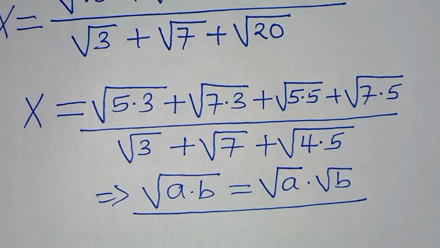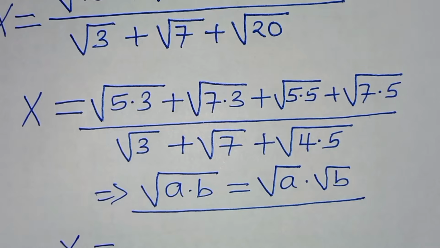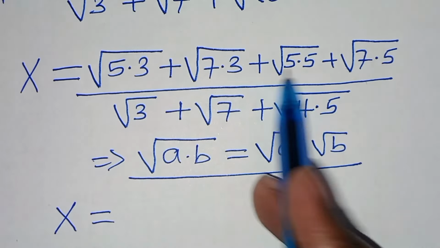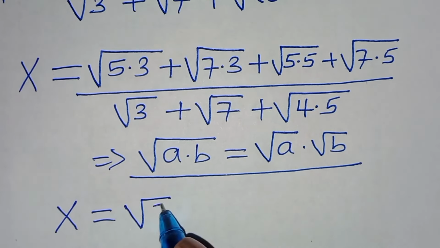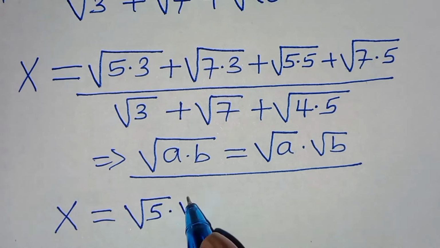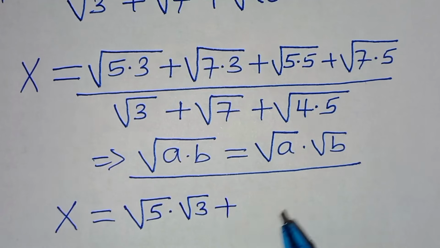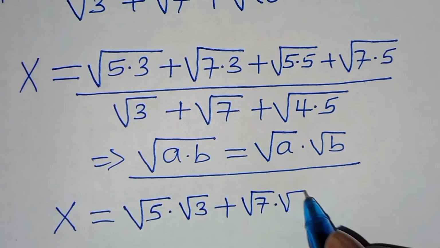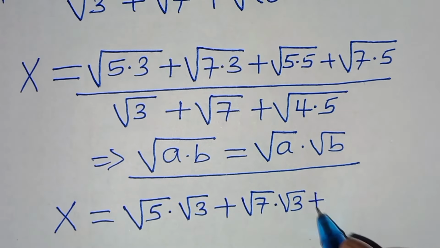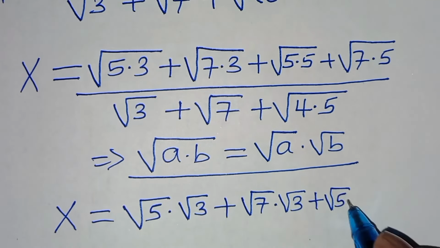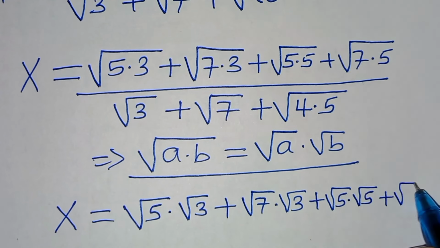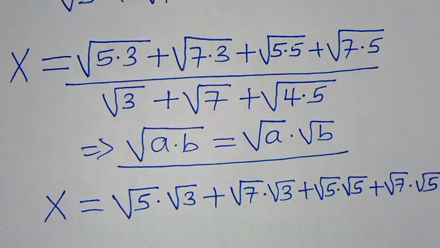So in this case, we'll have x equal to, in the numerator, square root of 5 times square root of 3, plus square root of 7 times square root of 3, plus square root of 5 times square root of 5, plus square root of 7 times square root of 5.